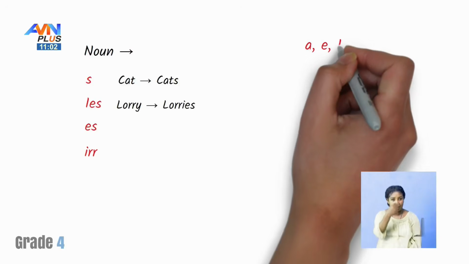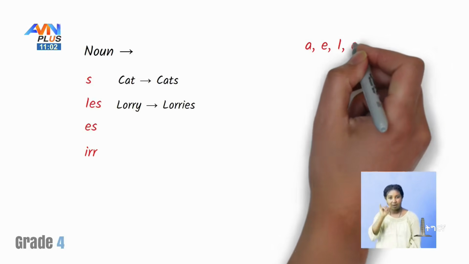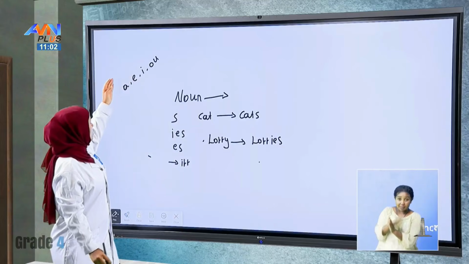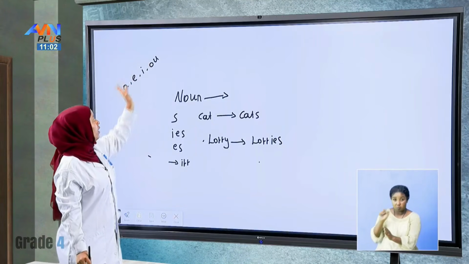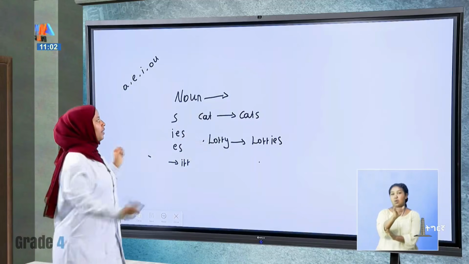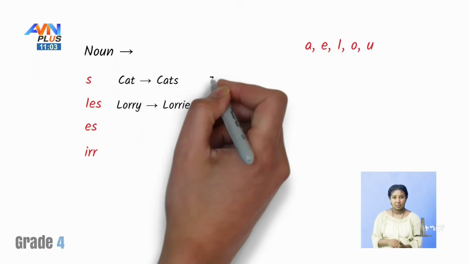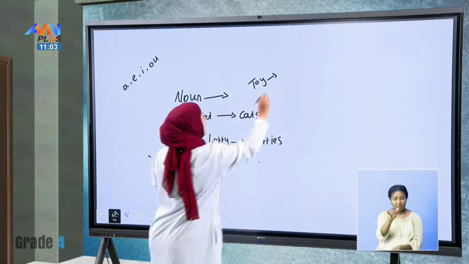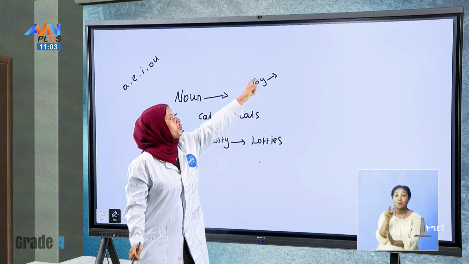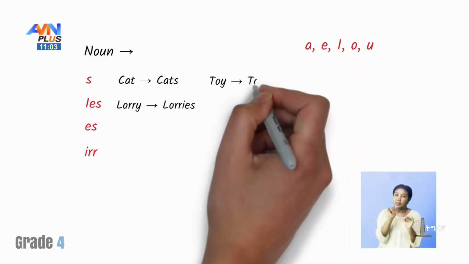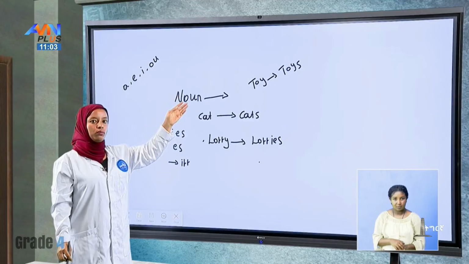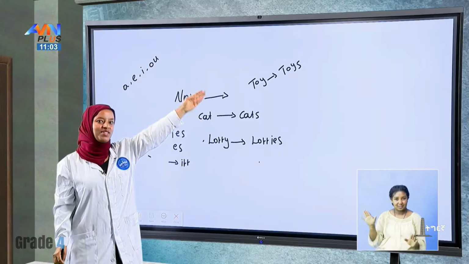A, E, I, O, U. If the letter before Y is a vowel, we don't cancel the Y, like toy. Look at it. Before Y there is one vowel letter. When we change it, we just add S. Toy, toys. This is the rule, students.